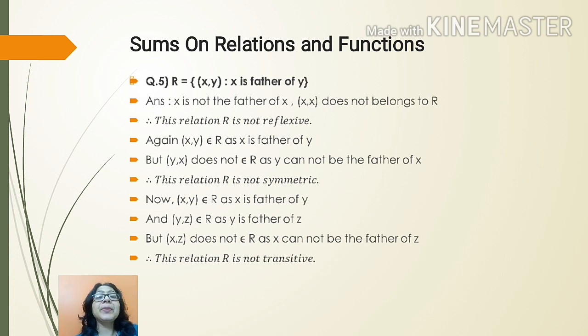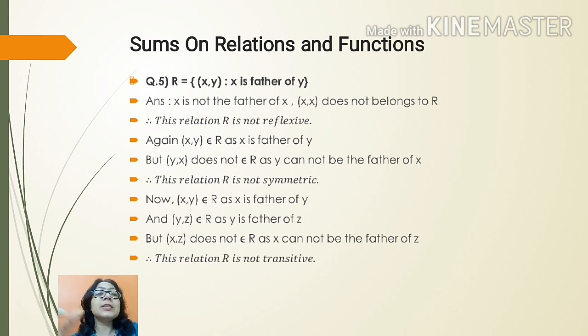Next question. x is the father of y. So we cannot take x is the father of x. That means (x, x) cannot be in the relation. So the first part of the equivalence relation: it is not reflexive. Next, (x, y) belongs to R as x is the father of y. But (y, x) cannot belong to the relation because y cannot be the father of x.